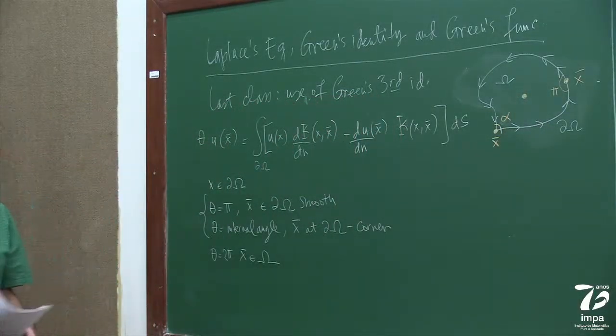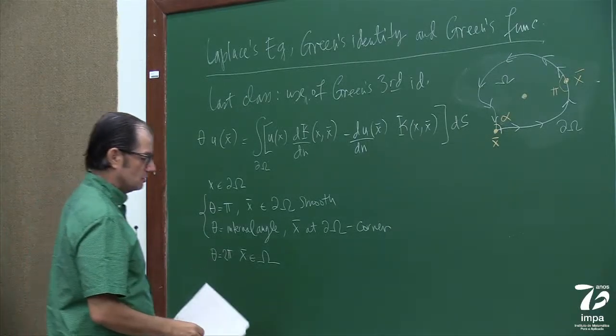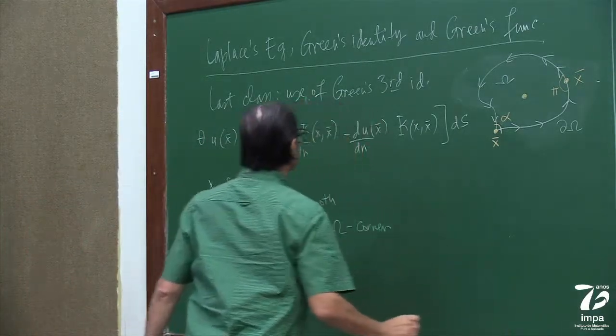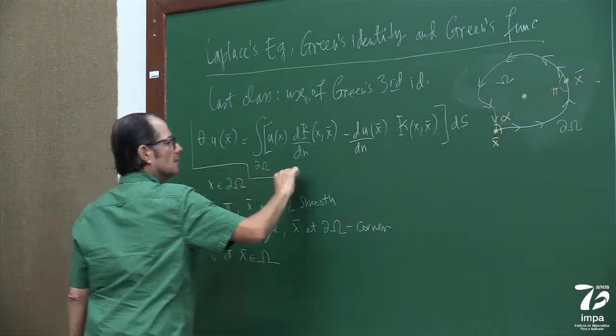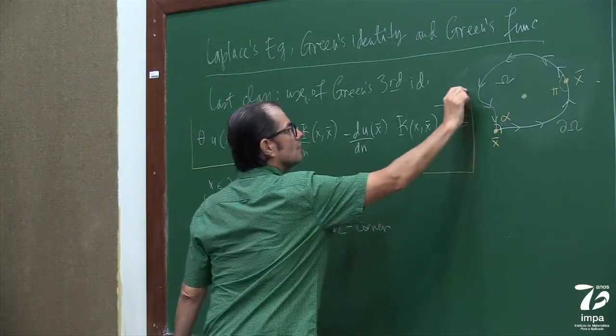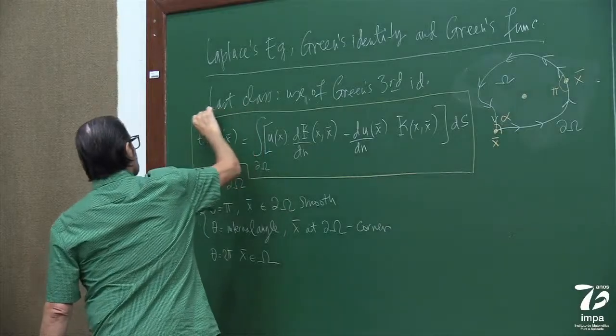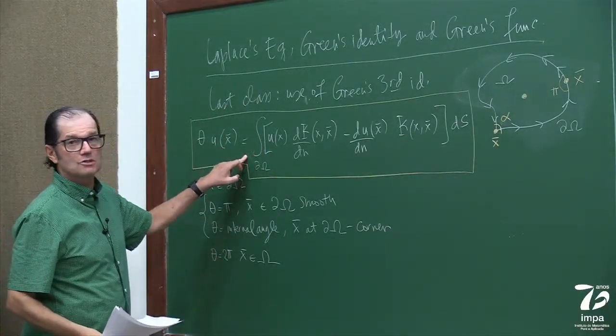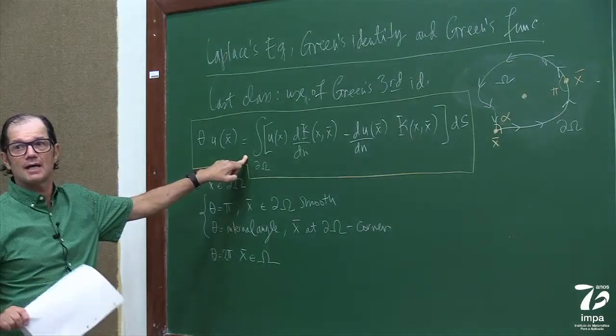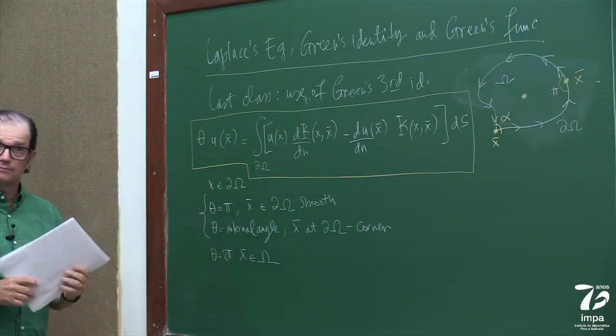So it resembles, you see, when we did what I called extracting the singularity, right? We didn't do it in all detail. I motivated at least for corners, right? But we did it at the interior. So we had this formula now works for points inside and outside. Why?